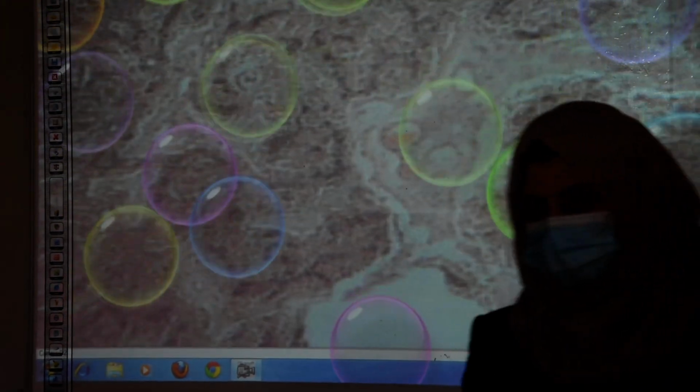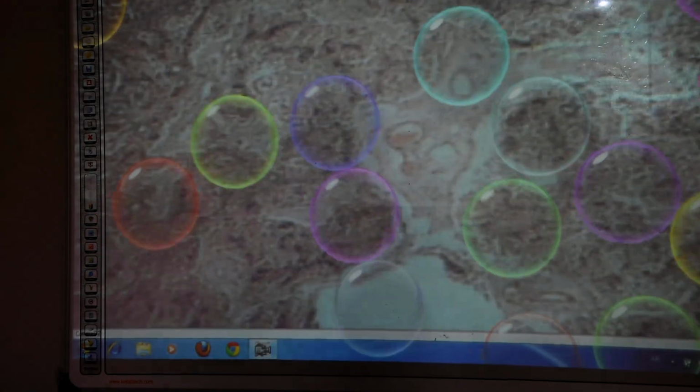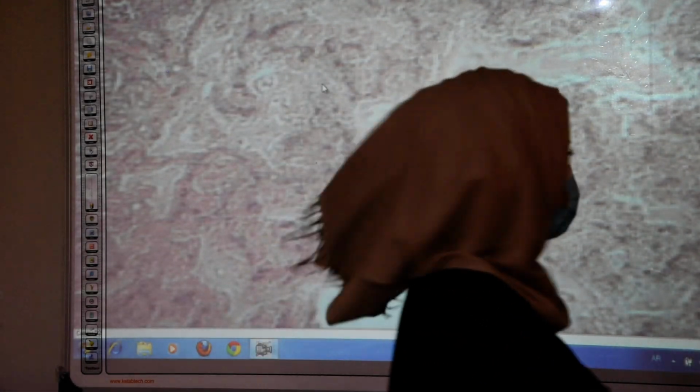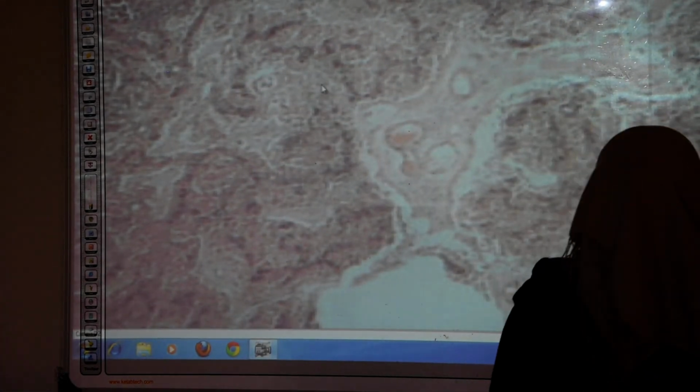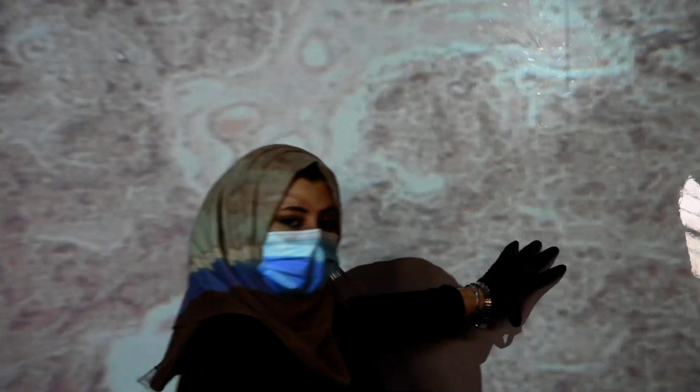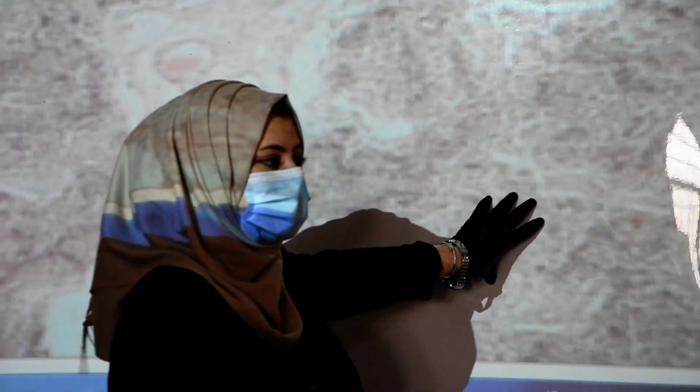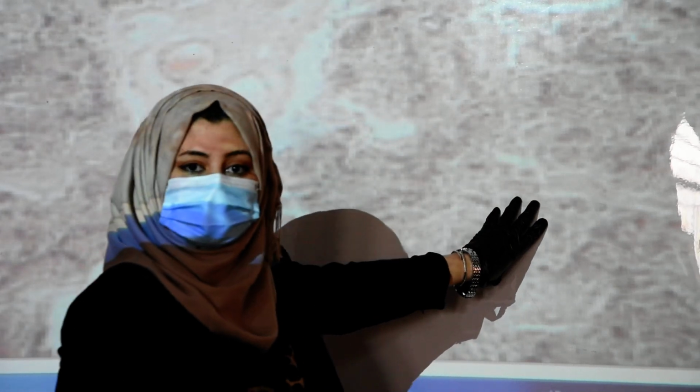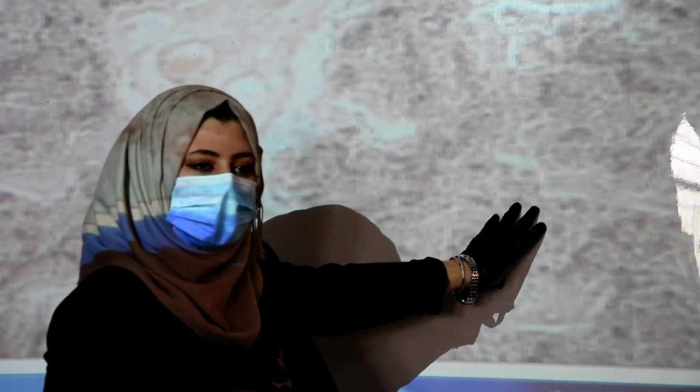Because it is in the medulla, we name them medullary sinuses and medullary cords. These cords are clusters of immune cells like T cells, B cells, plasma cells, and macrophages.